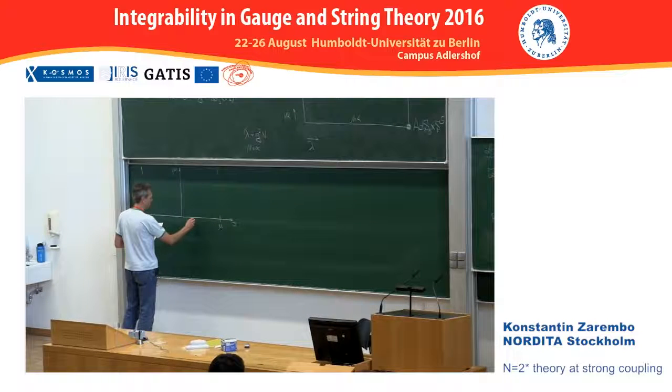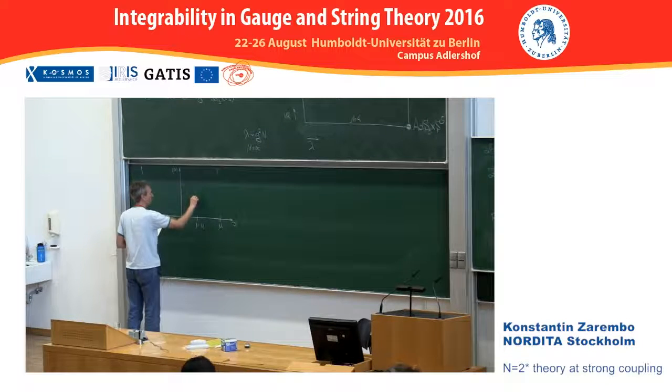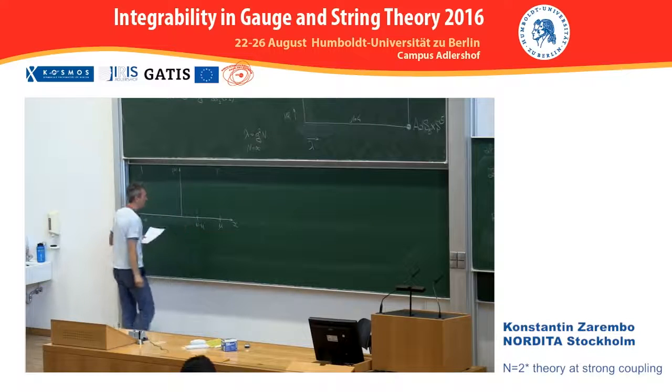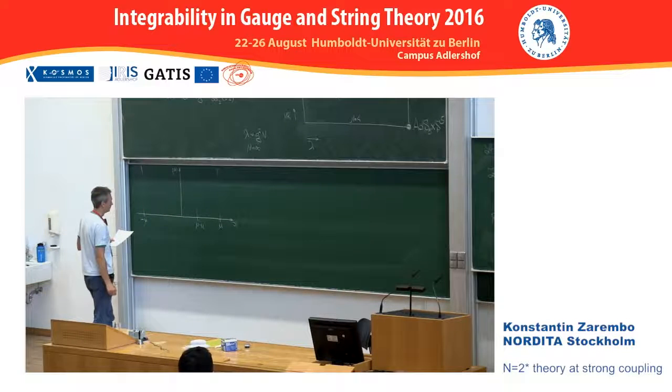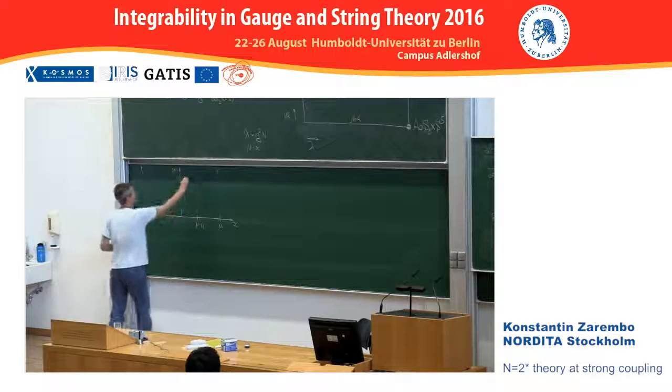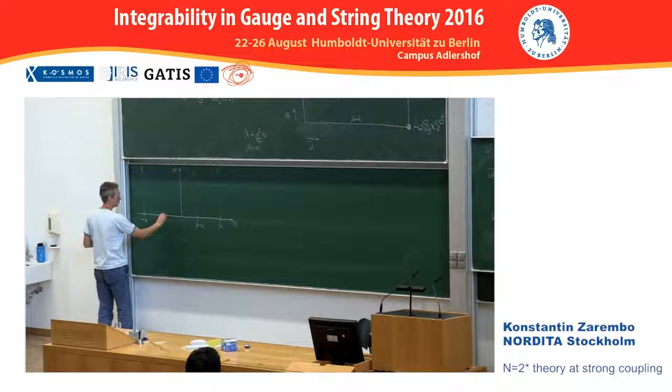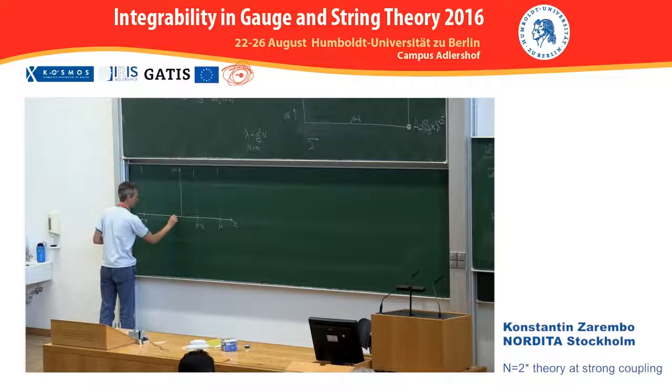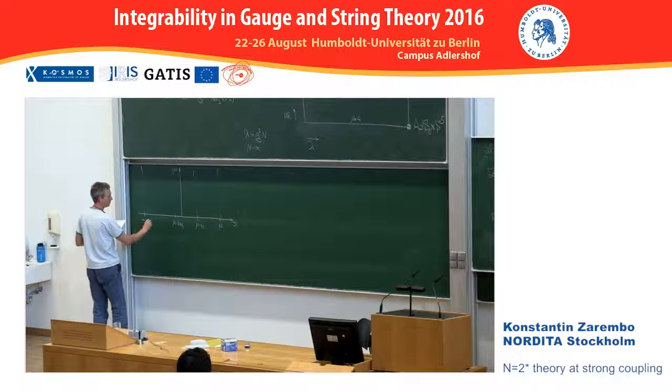So if this is m, then there will be a singularity at mu minus m, and then at mu minus 2m, and so on.